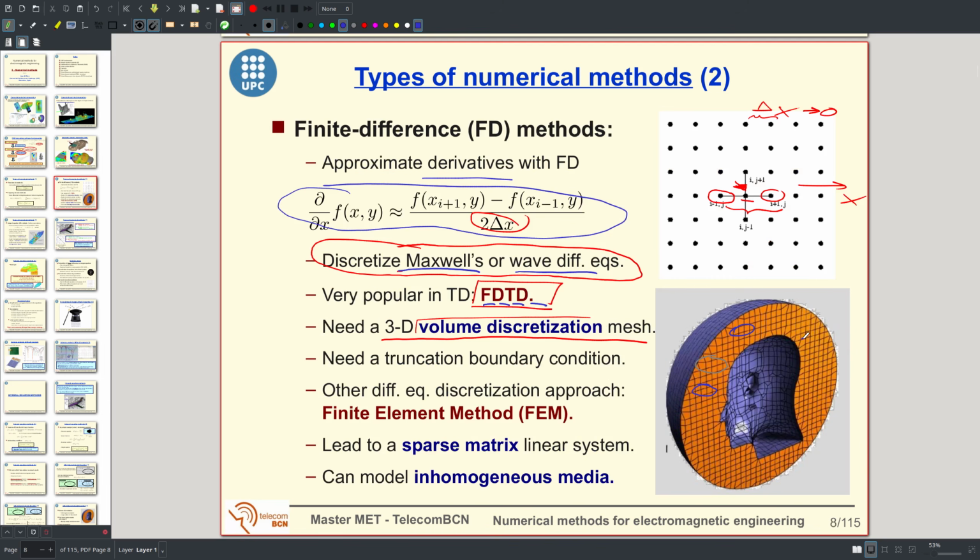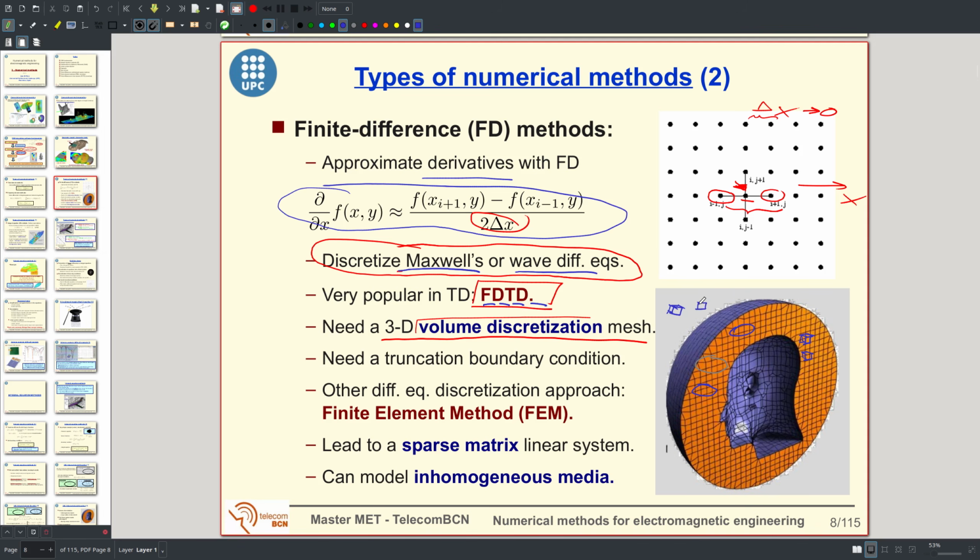Look at these elements. These small elements are volumetric elements, like this. Imagine a cube, for example, cubes, tetrahedrals, or parallelepipeds that have 3 dimensions. So you have to discretize the volume in 3-dimensional small elements like this, not like a surface.